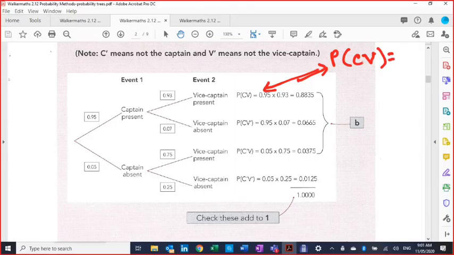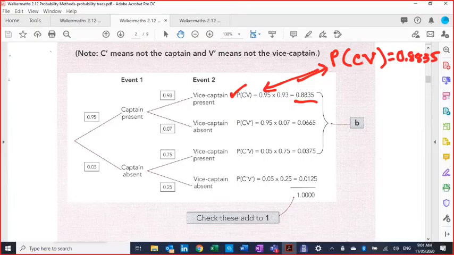Okay? So, let's just go back to the tree and find every place here where this happens. Well, if you look at it, here, probabilities of C and V, so that one will work. This one has a V prime, so that one won't. This one has C prime, and this one has C prime V prime. So the only branch where they're both there is this branch, and that probability is already calculated out for us as 0.8835.